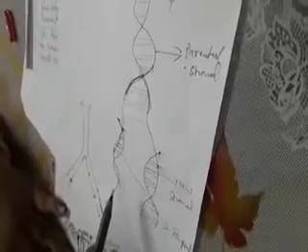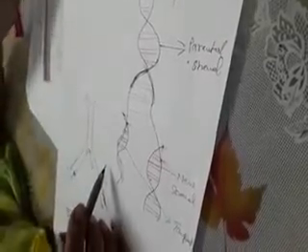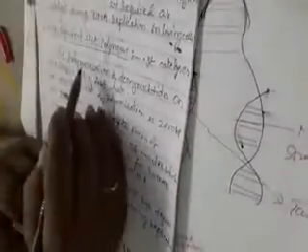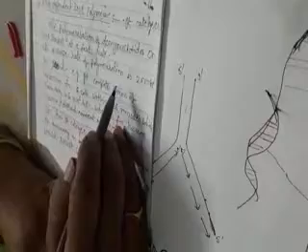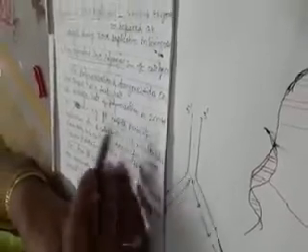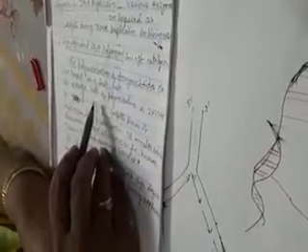Enzymes involved in DNA replication are various enzymes required as catalysts during DNA replication in living cells. First, DNA dependent DNA polymerase. It catalyzes the polymerization of deoxynucleotides on the DNA template at a fast rate.